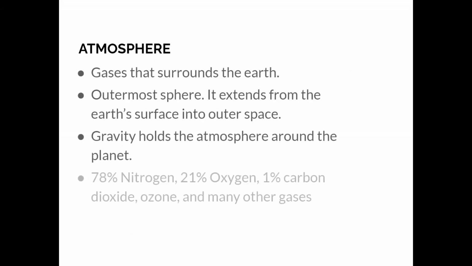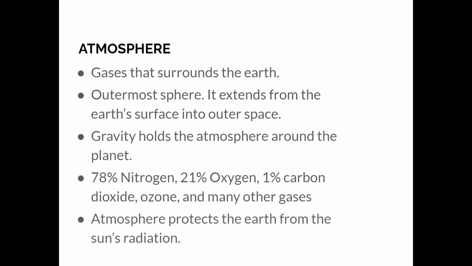All right. So first, let's take a closer look at the atmosphere. The atmosphere consists of gases that surround the Earth. It is the outermost sphere, and it extends from the Earth's surface into outer space.